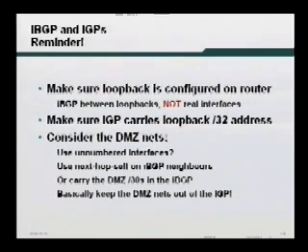If it runs between physical interfaces, the physical interface goes down, the IBGP session goes down, whereas you want to build a stable IBGP for your backbone. So run the IBGP between loopback, not between real interfaces. Make sure the IGP carries the loopback /32 address. Okay, that way you've got your valid next hop and so forth.